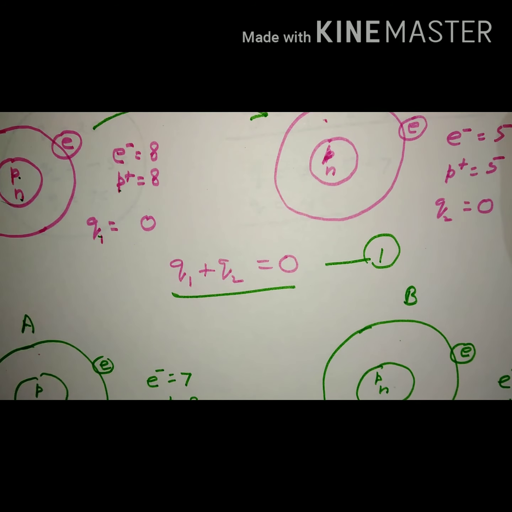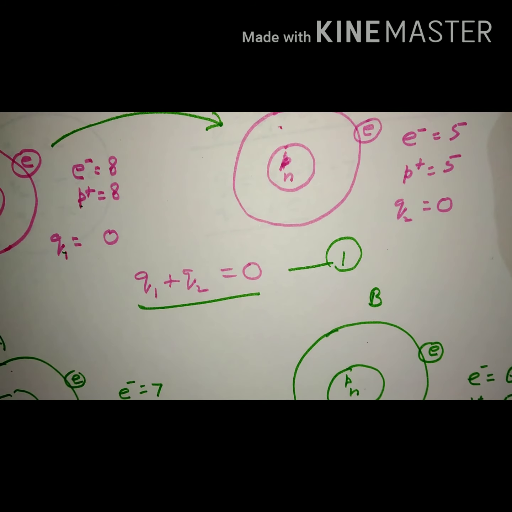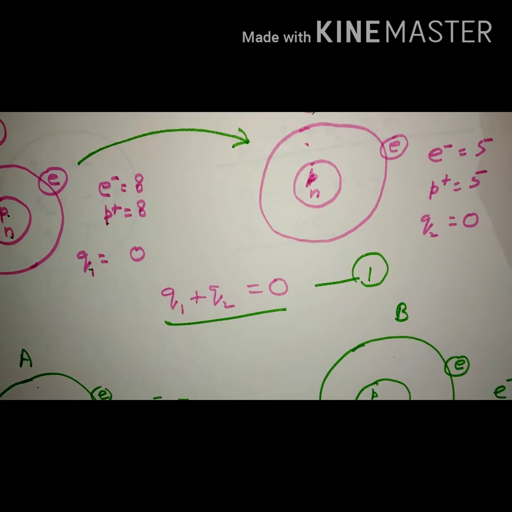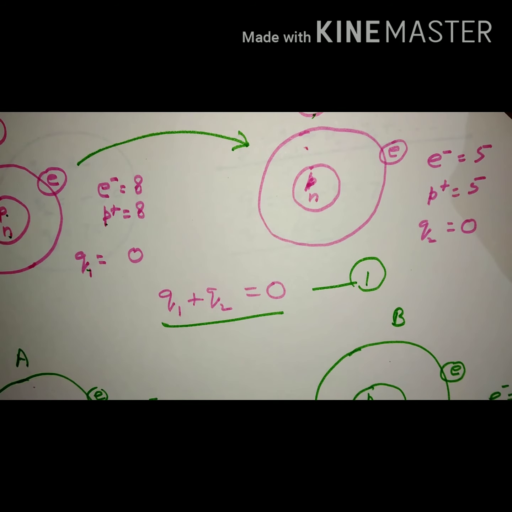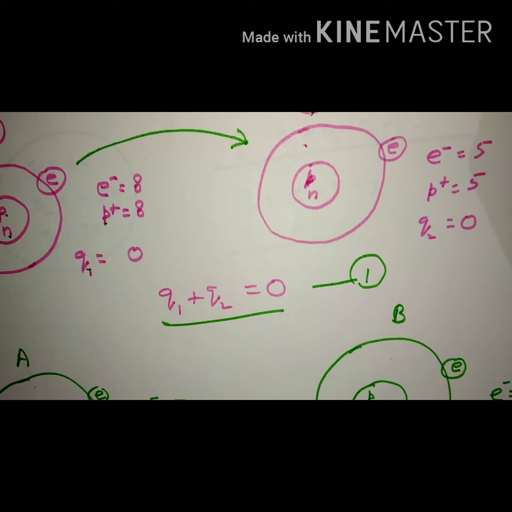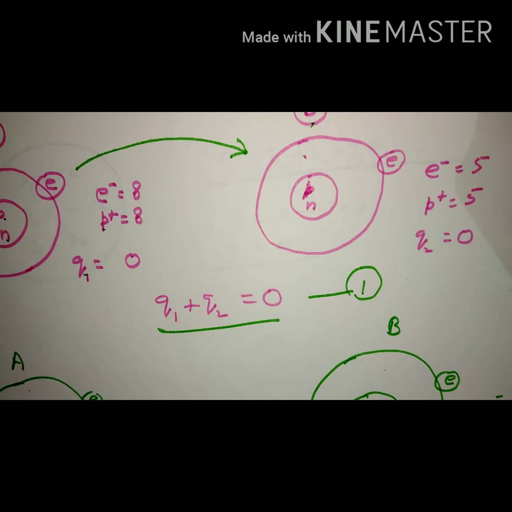Charge can never be created, charge can never be destroyed, only the charges can be transferred, and more precisely, the electrons can be transferred from one body to another body to make the body charged. Until and unless there is a transfer of electron, a body cannot be said to be a charged body.